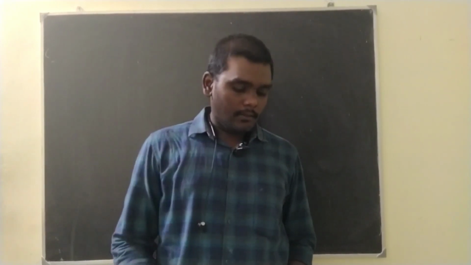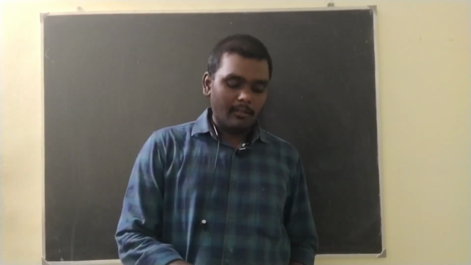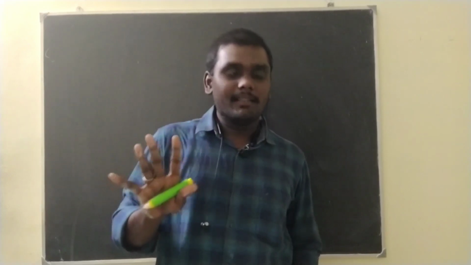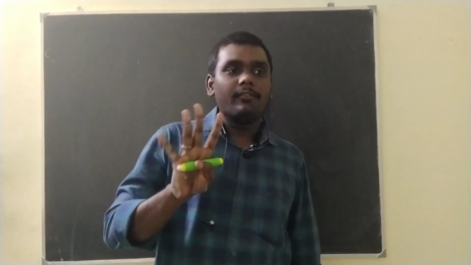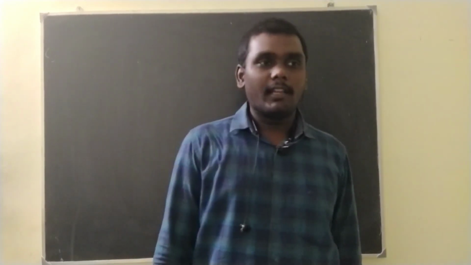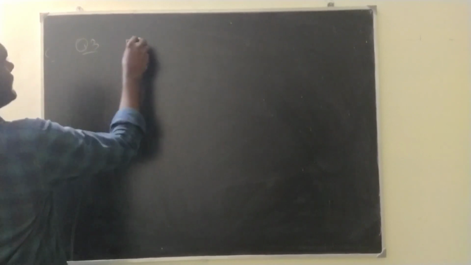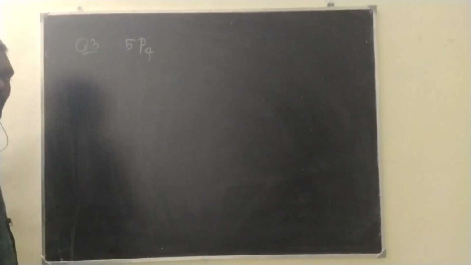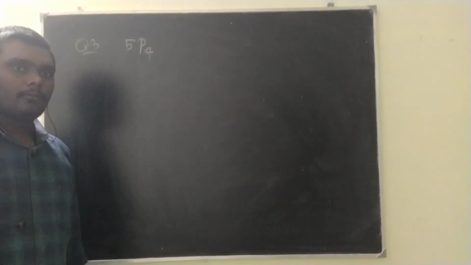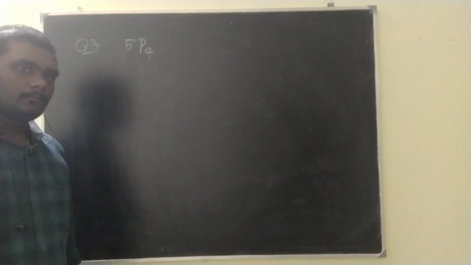The third question is the number of permutations of 5 dissimilar things taken 4 at a time. How many permutations can be formed? 5 dissimilar things taken 4 at a time is 5P4.